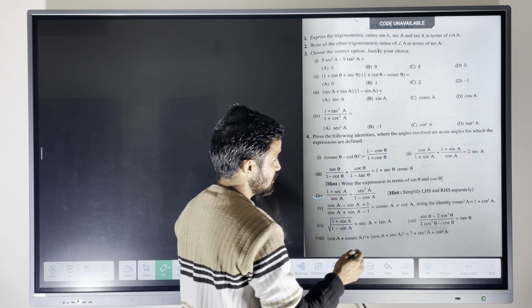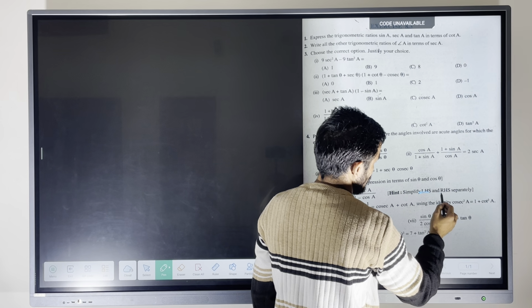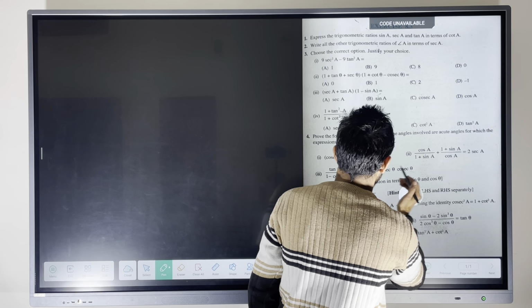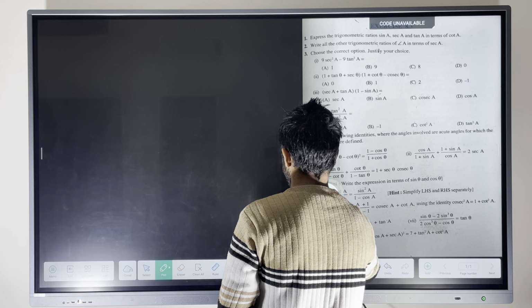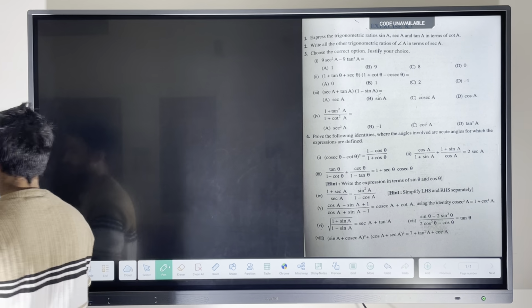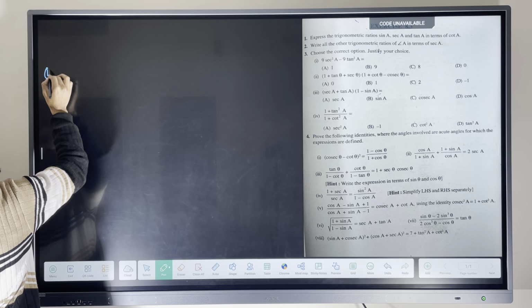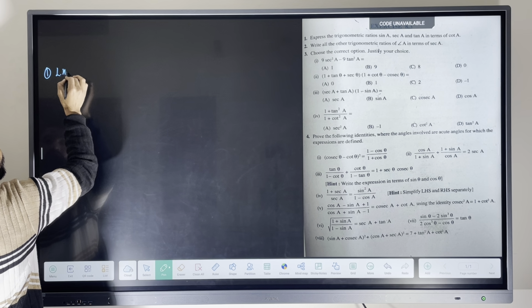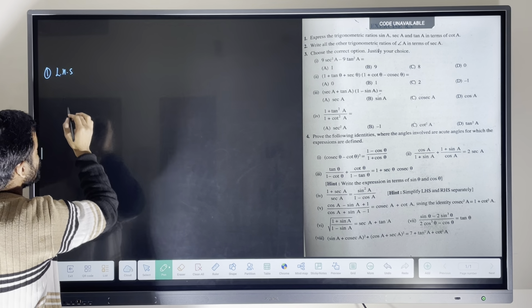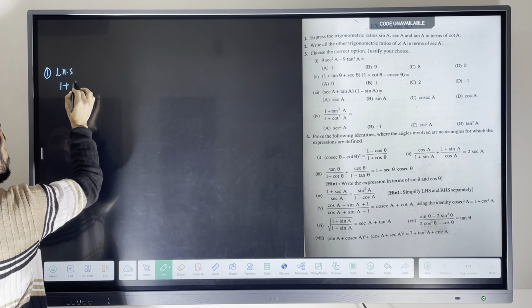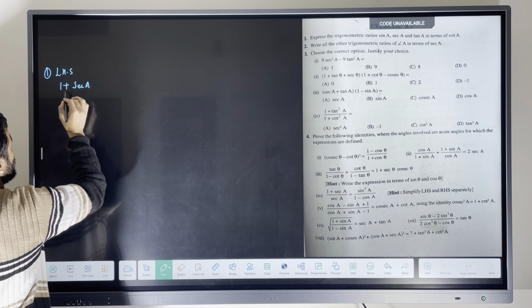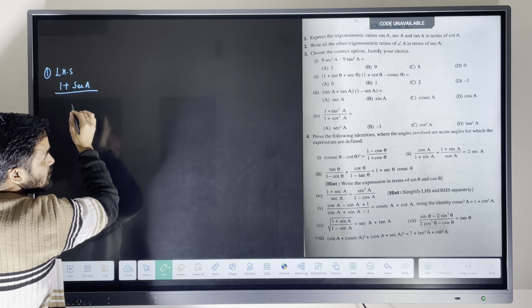Here we have a hint that we should simplify the left hand side and right hand side separately. Okay, so in this question we need to solve the left hand side and right hand side separately. So first take the left hand side, that is 1 plus sec a by sec a.